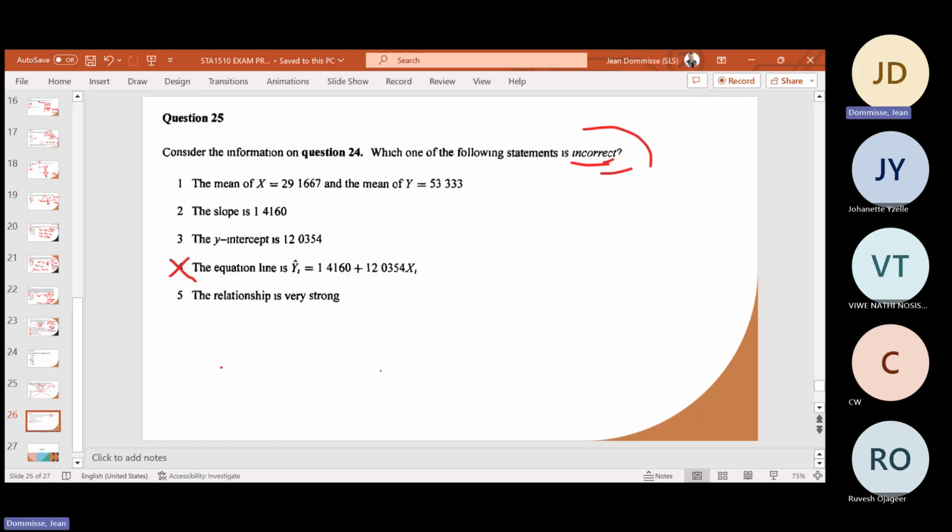And then the same with question 25. If your data was correct, you could again, on your scientific or your two financial calculators, work out what your slope would be and what your y-intercept would be.